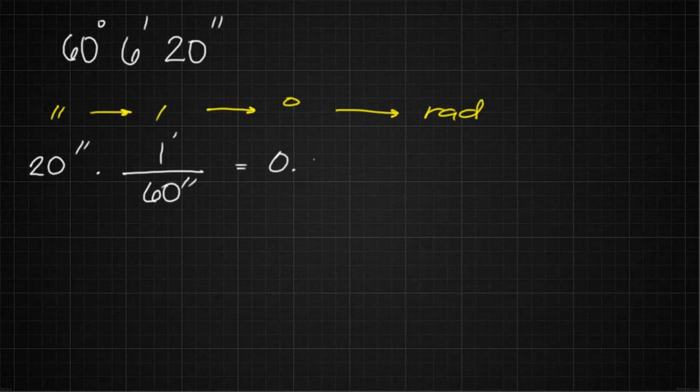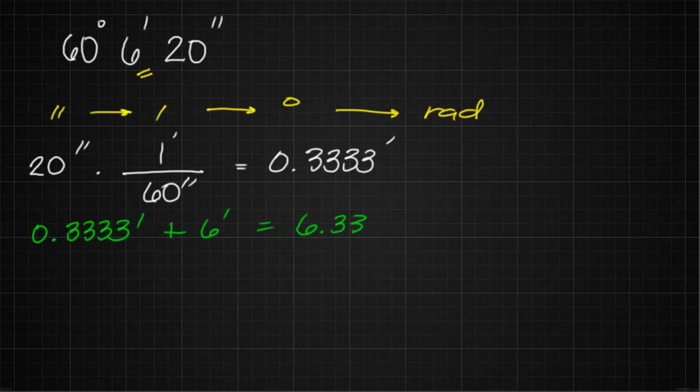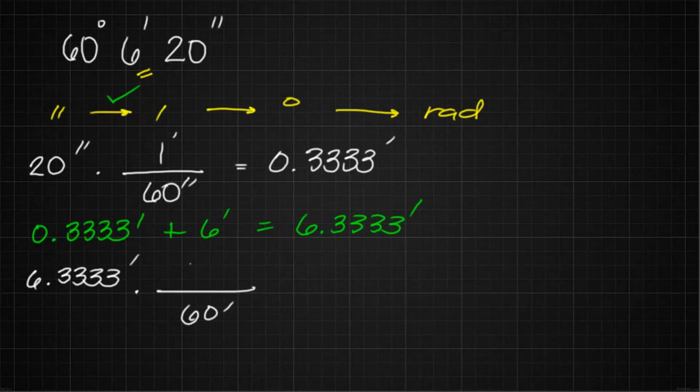Now the answer would be 0.3333 minutes. Now we're going to add this one to 6 minutes. We will have an answer of 6.3333 minutes. Now let's convert this one into degrees. Now using conversion factor where the denominator contains minutes and the numerator contains degrees in order for the unit minutes to be cancelled out.